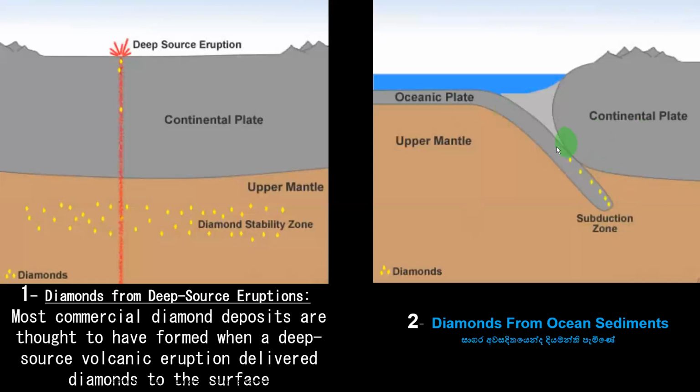Then it happens here. The subduction zone creates the diamond. Diamonds from ocean sediments. Here, diamonds from deep source eruption. Most commercial diamond deposits are thought to have formed when a deep source volcanic eruption delivered diamonds to the surface. This is number 1. This is number 2.